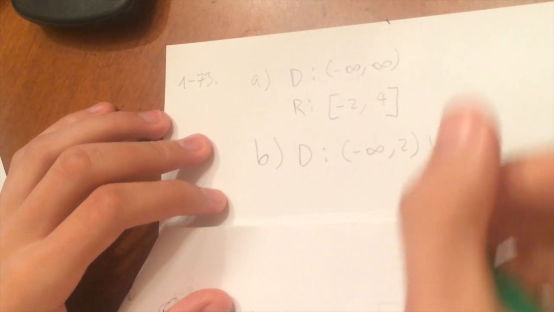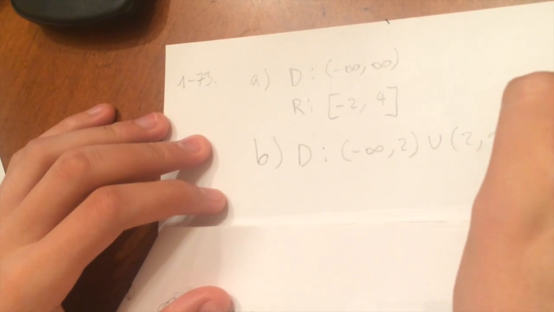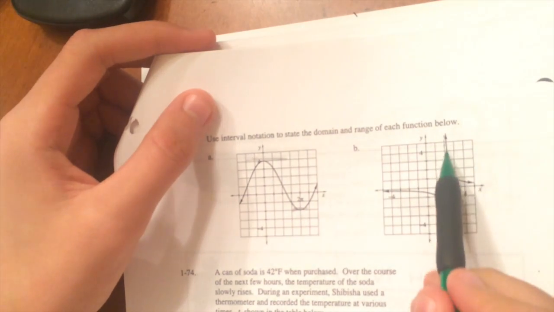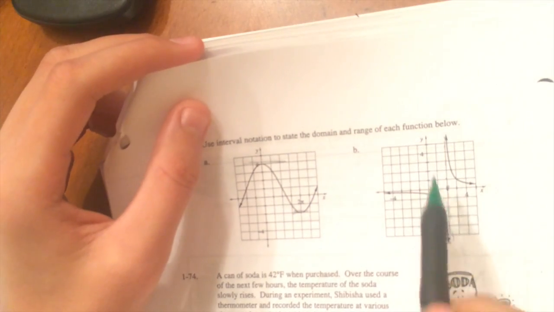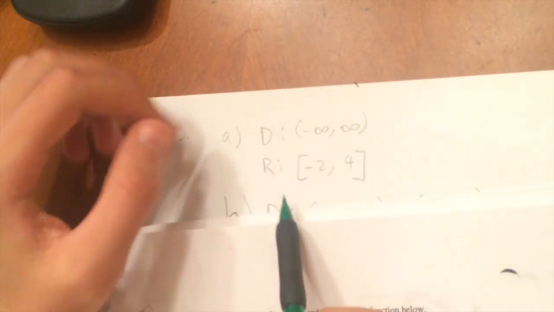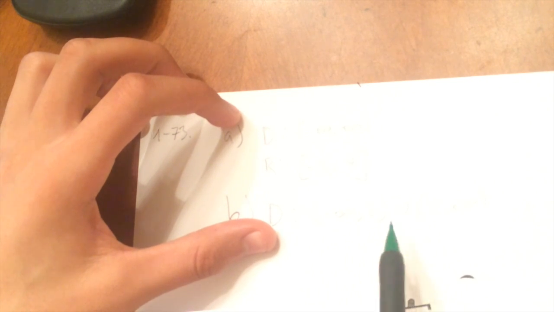From 2 to infinity the function is defined, but not defined at 2. That is why there are parentheses around the infinity and around the 2.